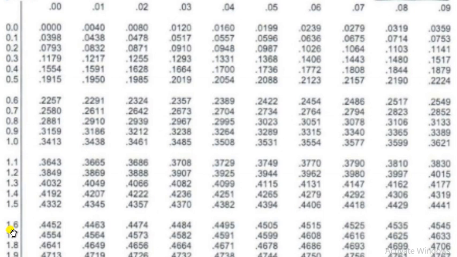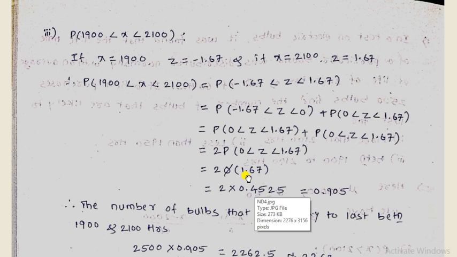Now observe the horizontal line, required is 7. So at 1.6 and 7, its value is 0.4525. This value will be used in the problem. So according to the normal distribution table, the 1.67 value becomes 0.4525.